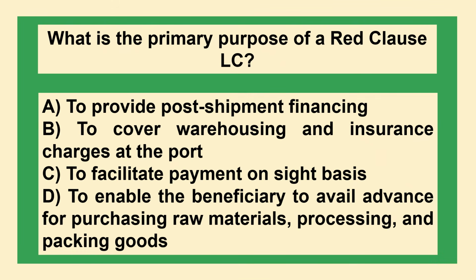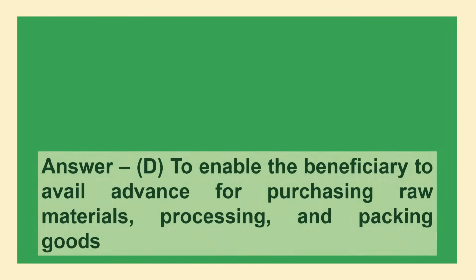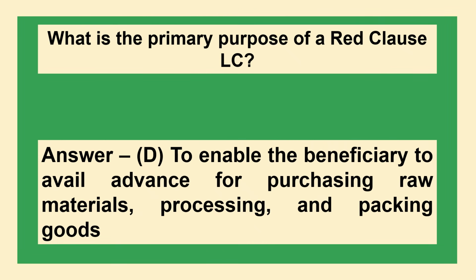Option D. To enable the beneficiary to avail advance for purchasing raw materials, processing and packing goods. Answer. Option D. To enable the beneficiary to avail advance for purchasing raw materials, processing and packing goods.